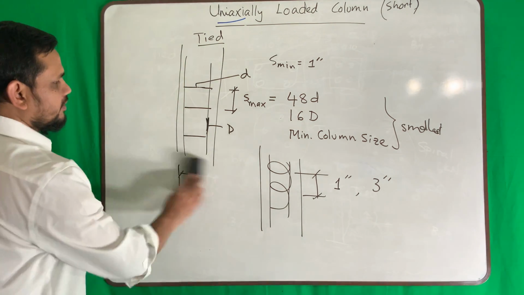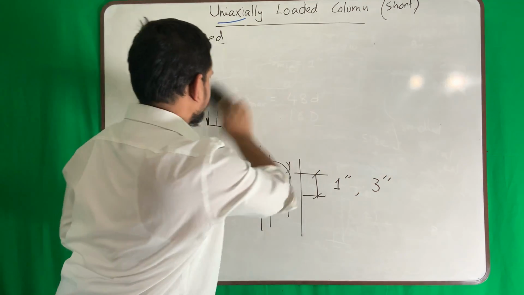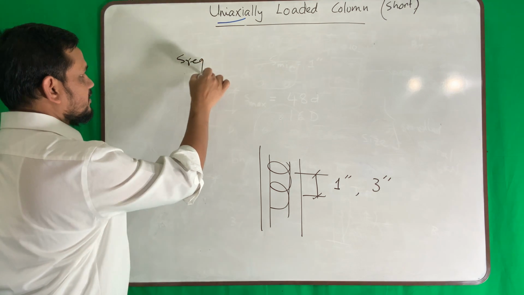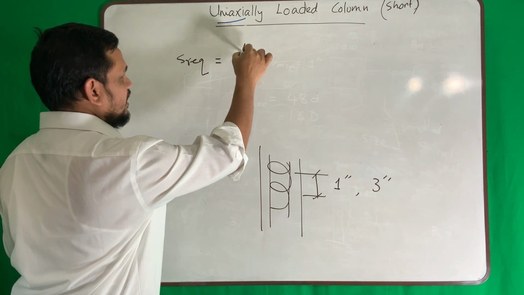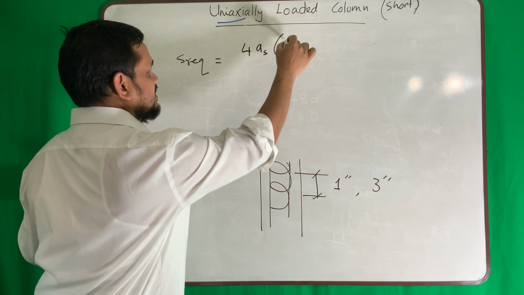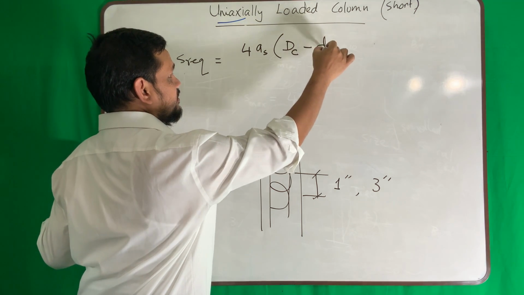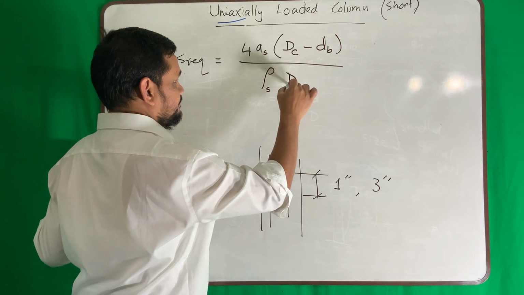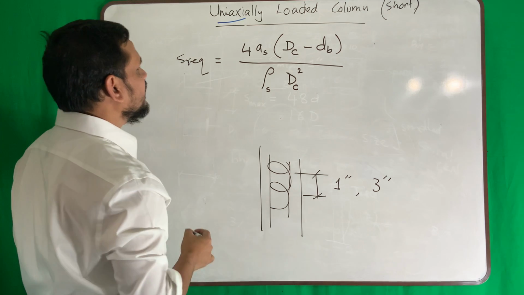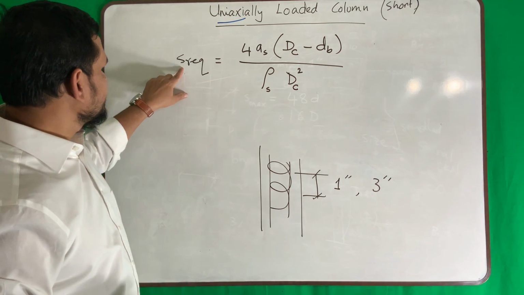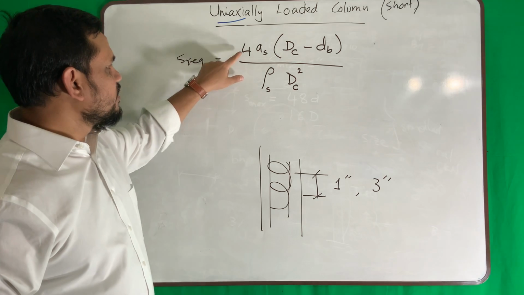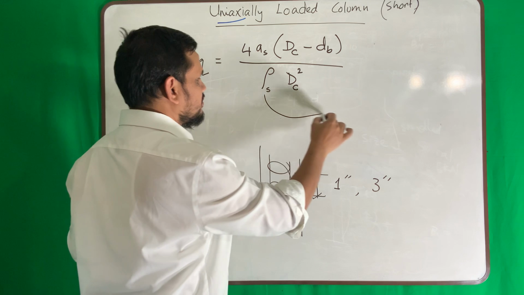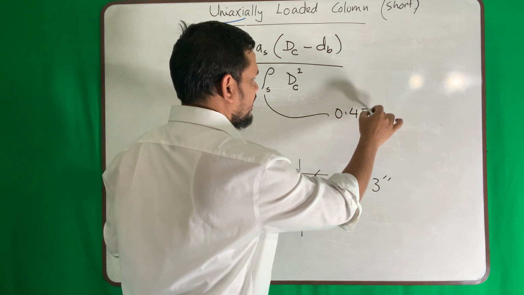To calculate the required, you need some calculation. It is calculated using this equation. Spacing required is 4 As Dc minus Db over rho s Dc square. Now what is rho s? Rho s is 0.45.